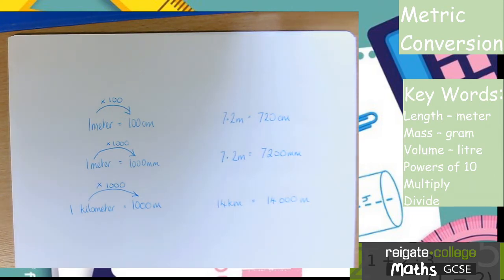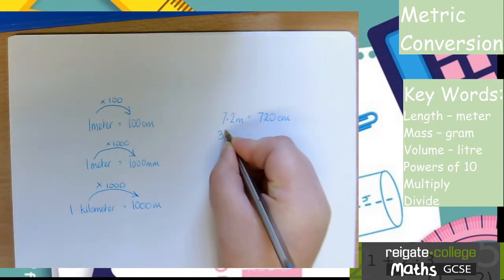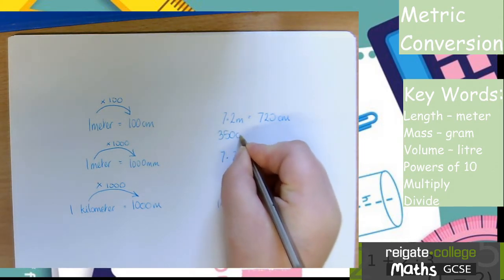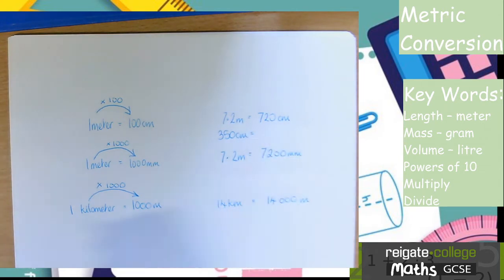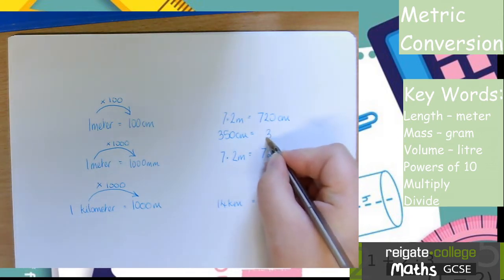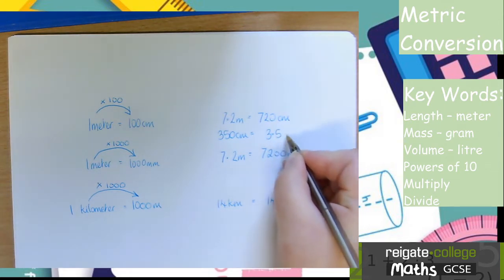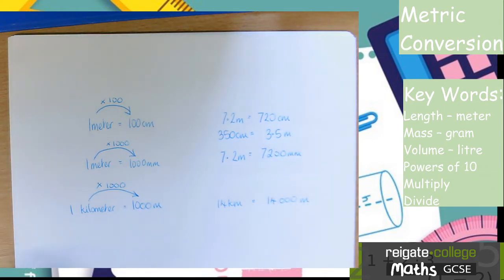Converting from the smaller units to the larger units, I would use the same number, but this time I would divide. If I were to convert 350 centimetres into metres, I would divide by 100. 350 centimetres is the same as 3.5 metres.